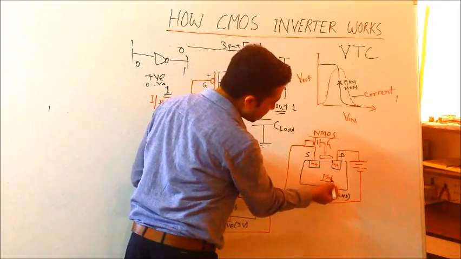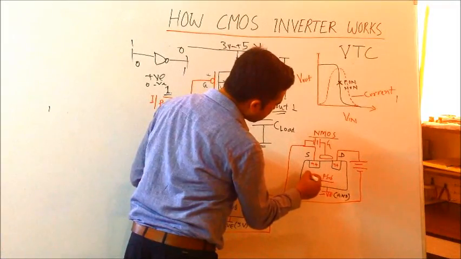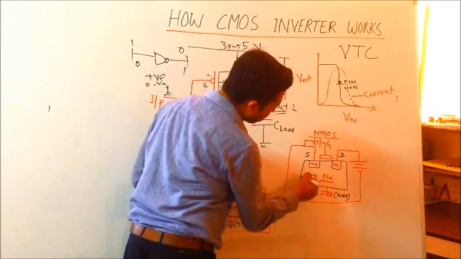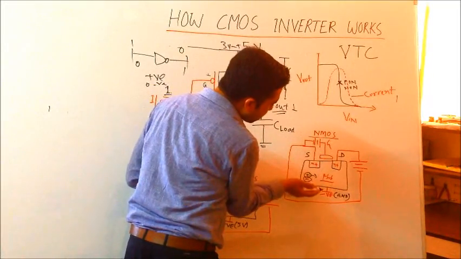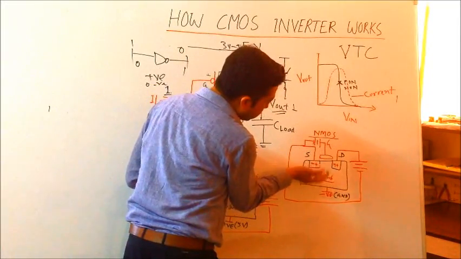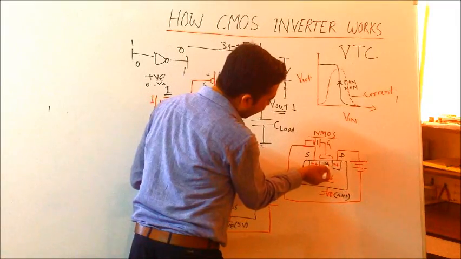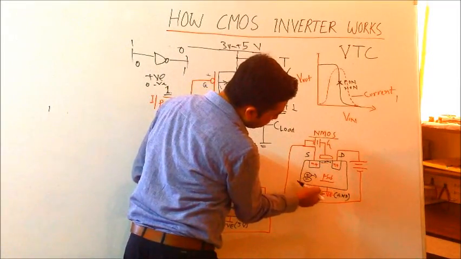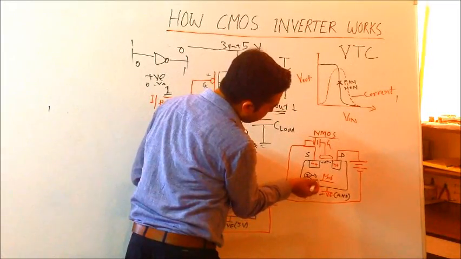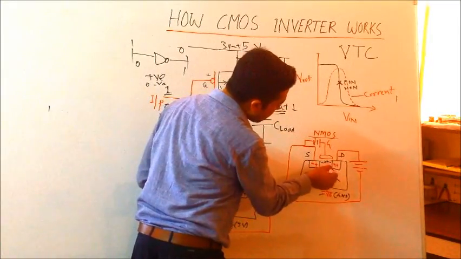This is a P substrate, where holes are majority carriers and electrons are minority carriers. If you apply a positive charge at the gate, the electrons approach the gate terminal and form the channel. Because of the repulsion from the negative terminal, all the electrons go towards the gate terminal.